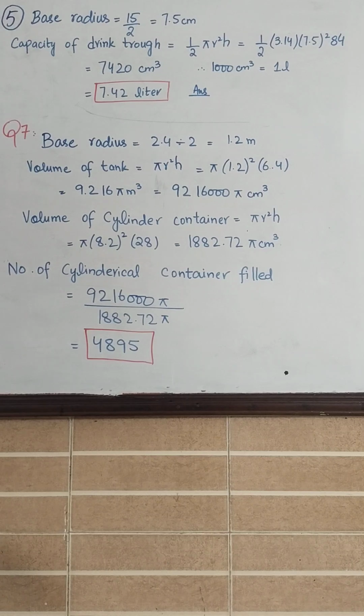Now divide the volume of the tank by the volume of the cylindrical container, and you will get the answer 4895 in round figure. So it is the number of cylindrical containers that can be filled by the oil in the tank.